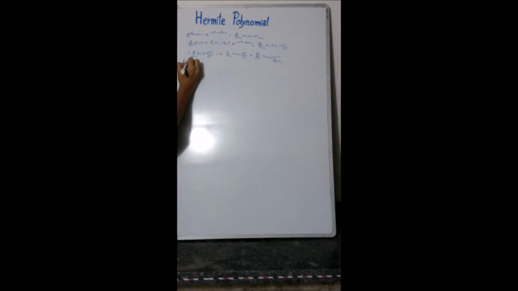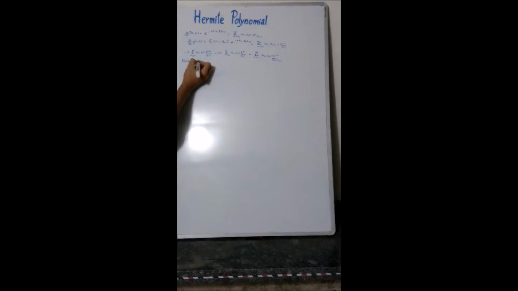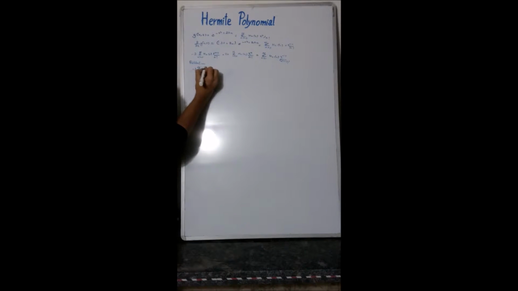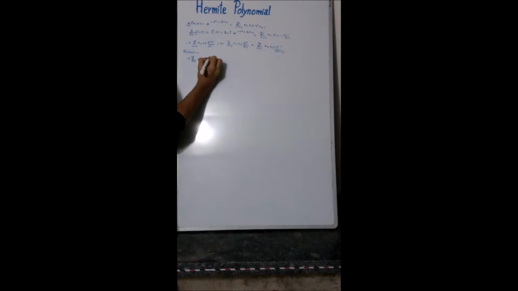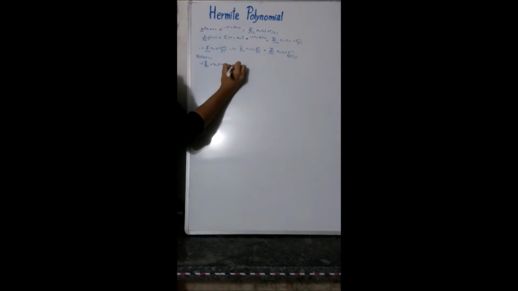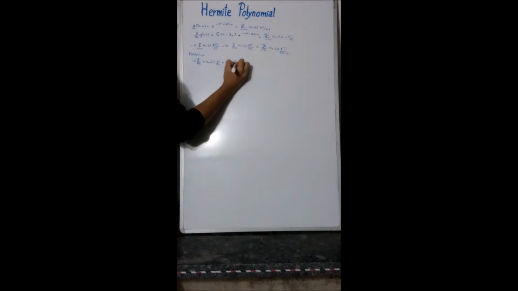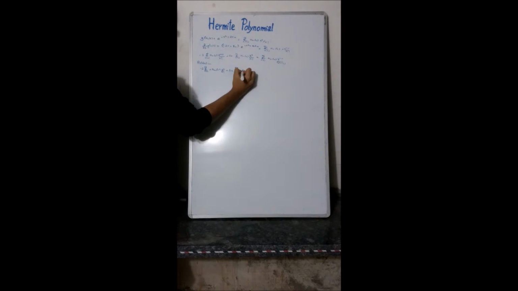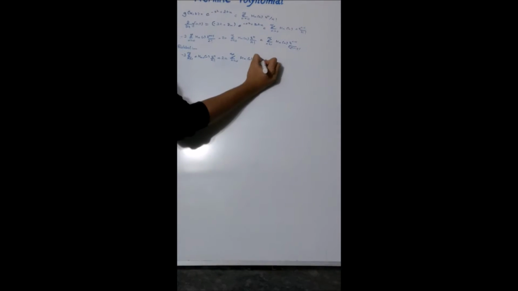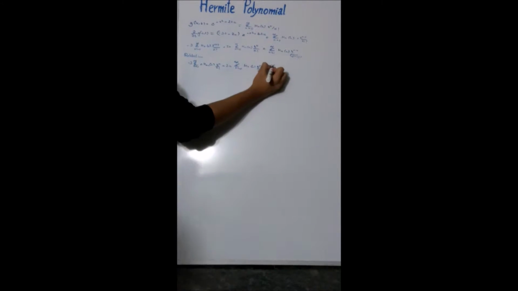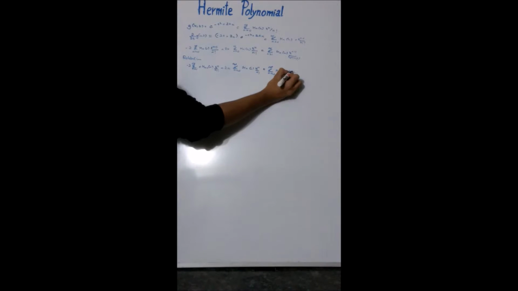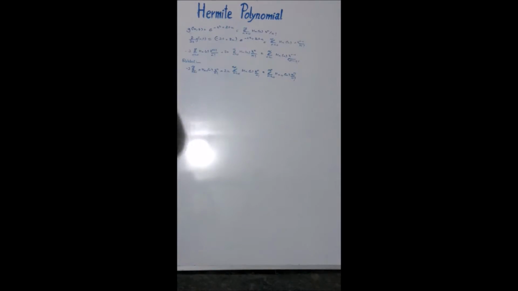Now we relabel: -2 sigma n equals 1 to infinity H_(n-1)(x) t^n / n! + 2x sigma n equals 0 to infinity H_n(x) t^n / n! = sigma n equals 0 to infinity H_(n+1)(x) t^n / n!.